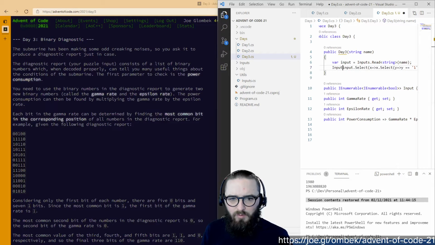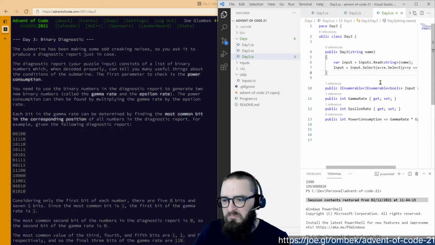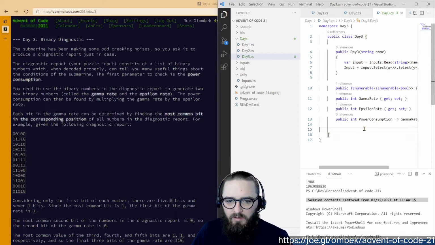So then my input variable can just be that. So I'm selecting, so a string is a char array. I'm checking each char, converting that to Boolean by saying if it's equal to the character 1, it's true. Kind of works.